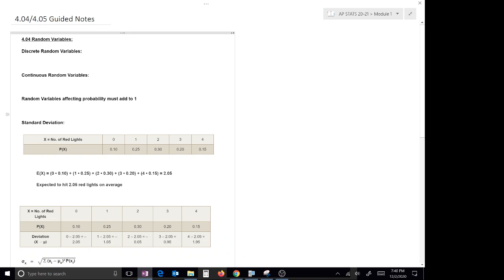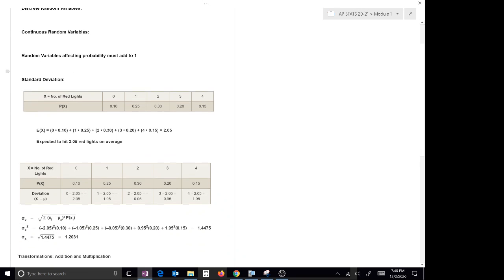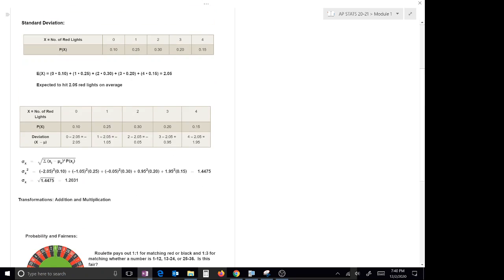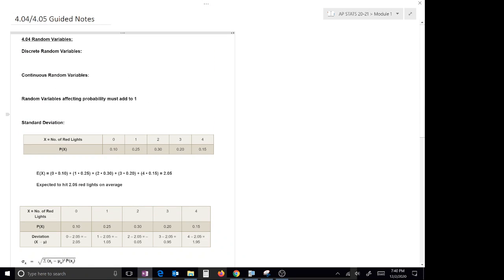Talking about random variables, in particular discrete random variables, and then binomial random variables. Okay, so when we talk about random variables, we're really talking about outcomes of things that can happen.